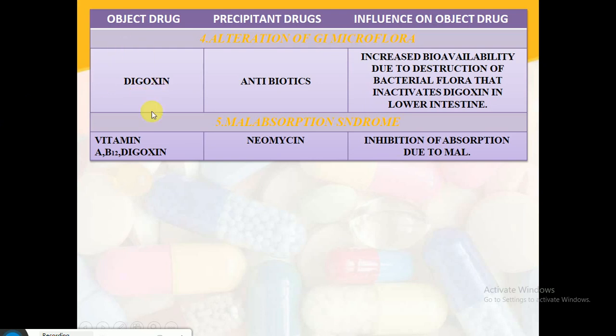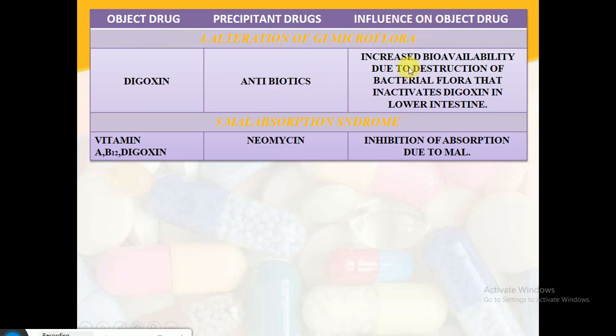This is digoxin. You know digoxin is extracted from Digitalis lanata, and it is the drug used in the treatment of congestive heart failure. If digoxin is used in combination with antibiotics, this is the object drug and this is the precipitant drug, so what will be the influence on the object drug?